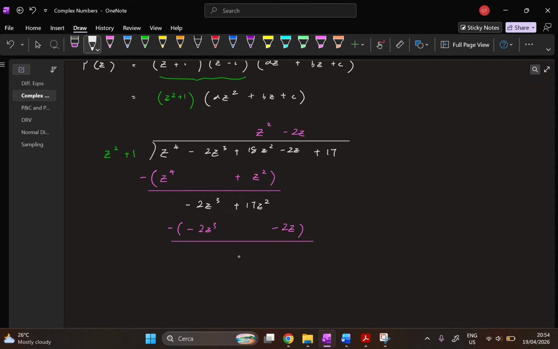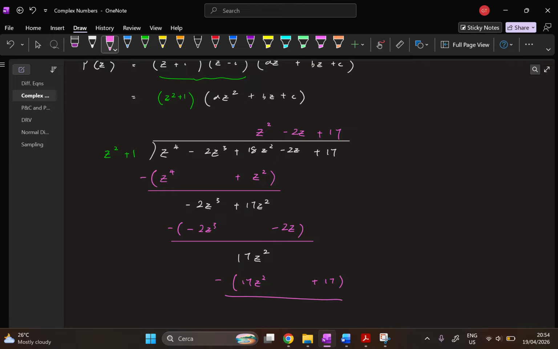But anyway, in case you haven't already picked up this good practice from Sec 3, Sec 4, now is the time to learn it. And just nice, I've eliminated this, I've eliminated this. The only thing left to eliminate is this. So just nice, plus 17. Then you see 17 times z squared, 17z squared plus... Sorry, let's not make that mistake again, okay?